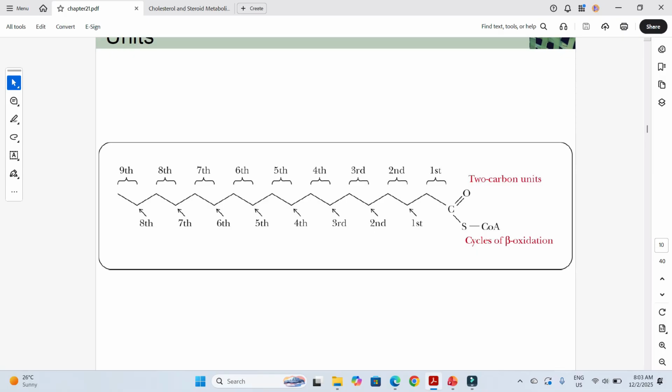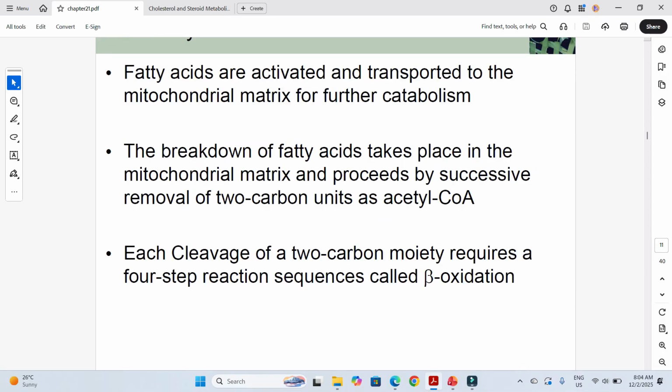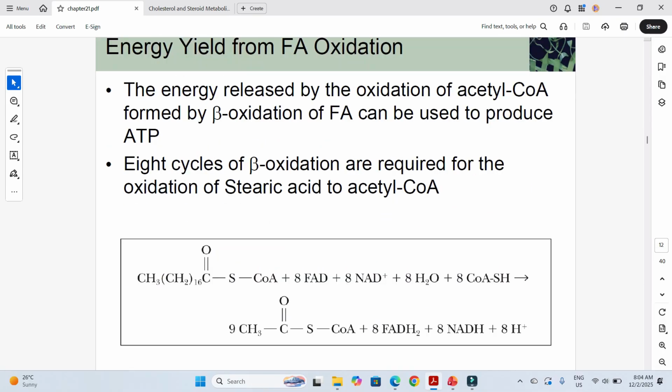9 acetyl-CoA, but remember, the last beta oxidation produces 2 acetyl-CoA. So the number of beta oxidation cycles needed to oxidize stearoyl-CoA is just 18 divided by 2 equals 9, minus 1, because the last beta oxidation cycle produces 2 acetyl-CoA molecules, right?